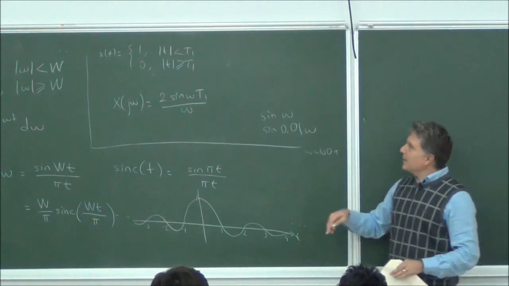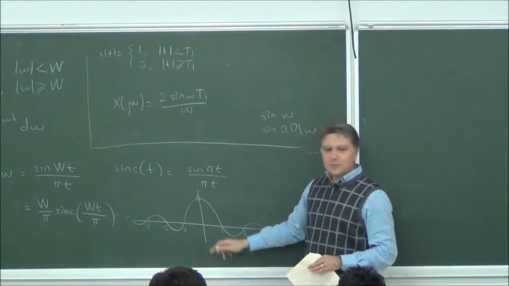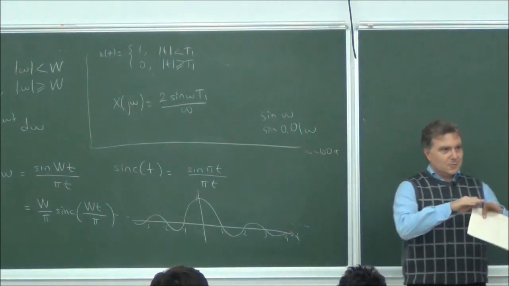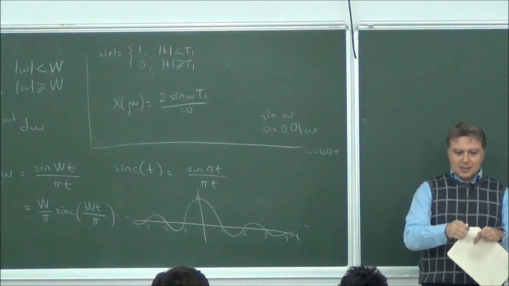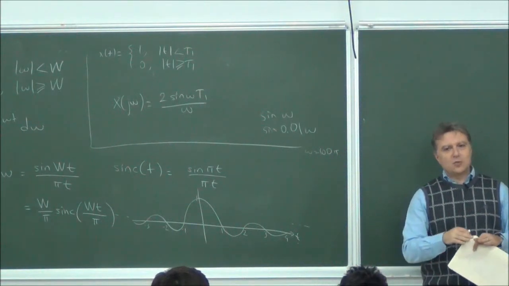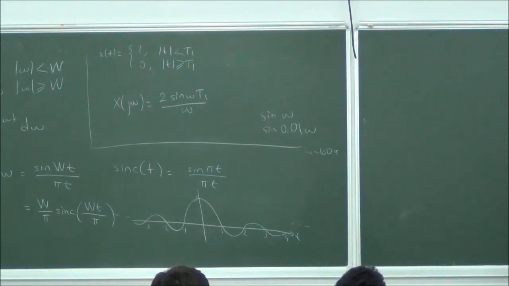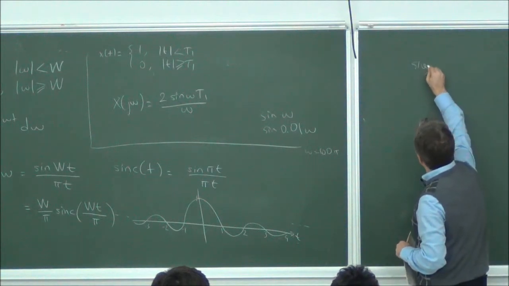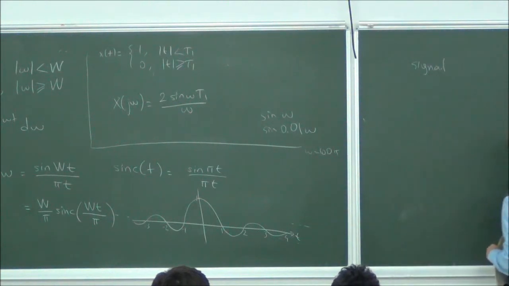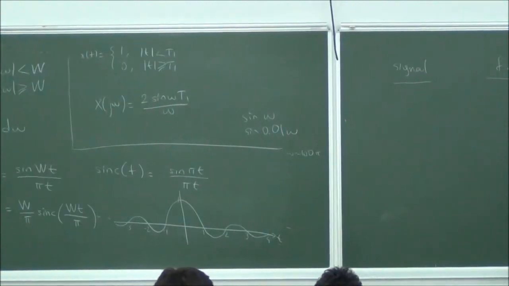Do you remember that if this is an impulse, then its Fourier transform was 1, which never crosses 0. It's like a very, too much wide sinc shape. So that's usually what you get. If the signal you write here and the Fourier transform you write here, you have this kind of a property.